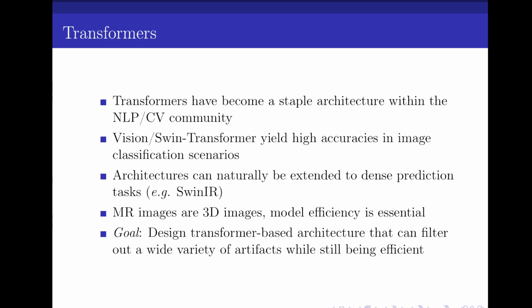MRI images can easily be conceptualized as 3D images, and because of this additional spatial dimension, model efficiency is absolutely crucial. Our goal is to design a transformer-based architecture that can filter out a wide variety of artifacts while still being efficient.